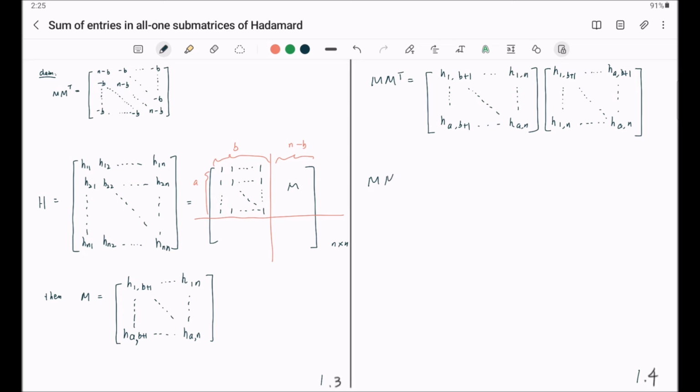The ijth entry in the matrix MMT can be computed through taking the inner product of the ith row and jth row of M. Noticing that here we are taking the product of M and its transpose, so this is literally just the jth column of the transpose of M.